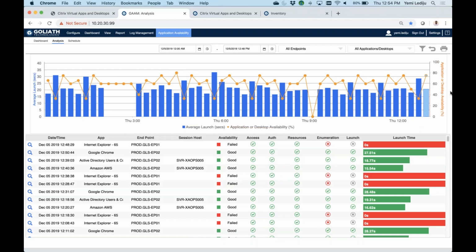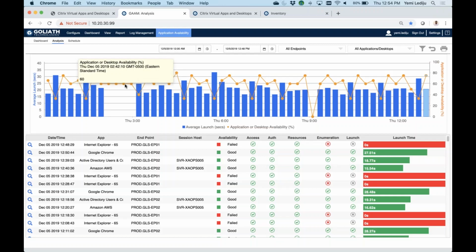And what this screen gave this particular customer is, number one, in this top section, a live dashboard showing all of the launches taking place across the environment from all of those different locations. You can see here the blue bars represent average launch time, and the trend line represents overall availability across the board. So out of 100%, how available are the applications and desktops that you're launching?